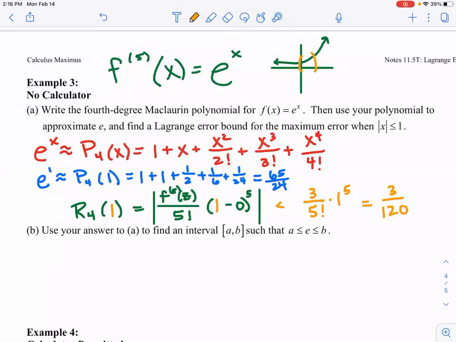I mean, you don't have to, but what do you simplify it to? Actually, it's probably better not to simplify, because we are going to have to add it and subtract it to 65 24ths.